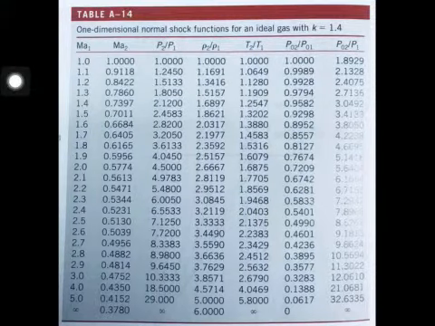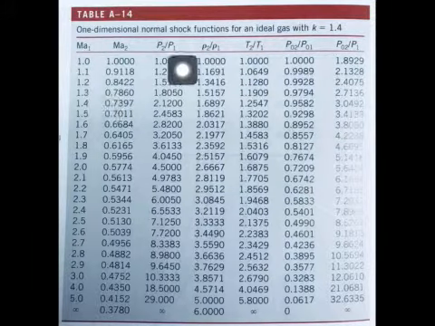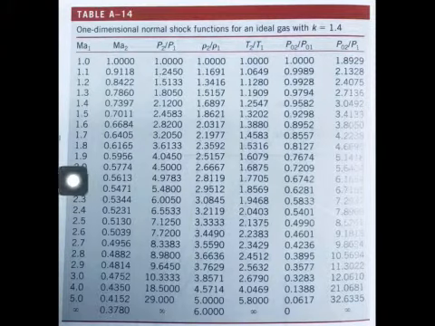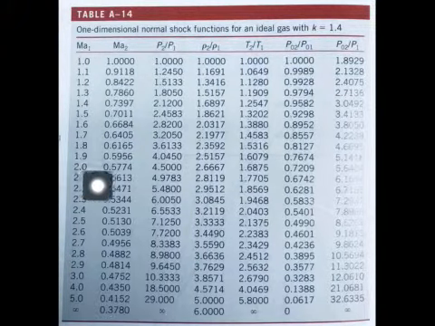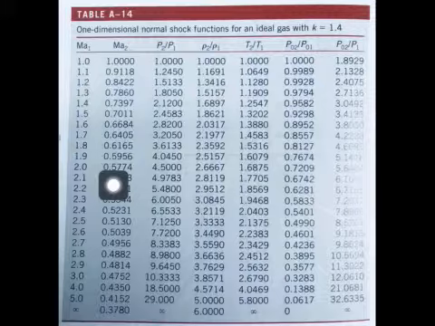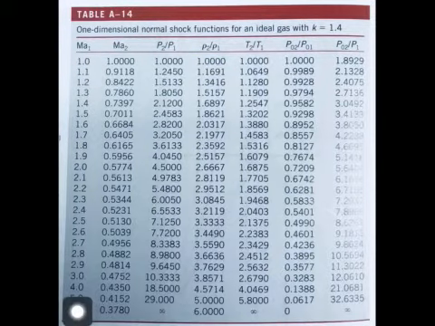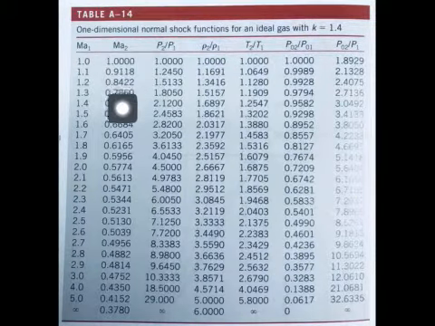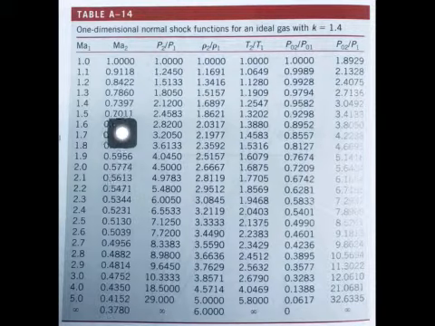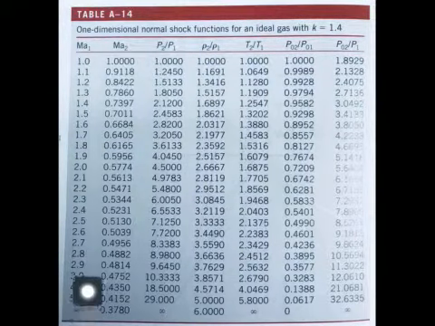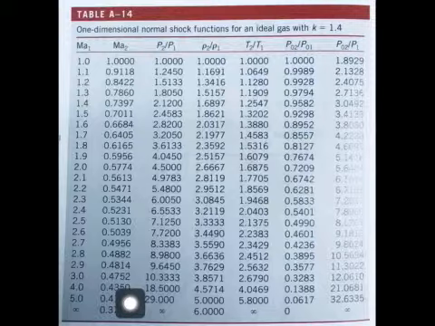If you have the book, it's in the appendix. We go to 2 right here, and we can get the Mach number 2 equal to this. If you look at here, when the Mach number is high, the output Mach number becomes lower. The higher the Mach number, the lower the output Mach number.